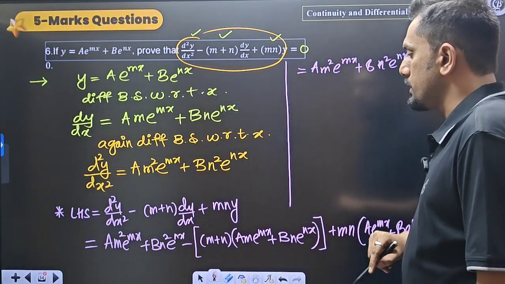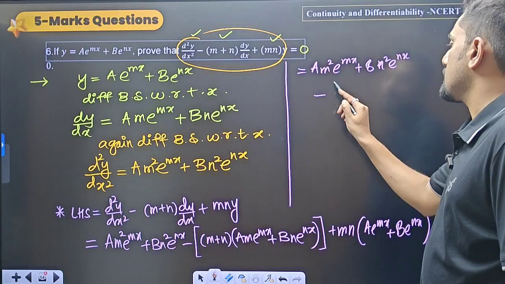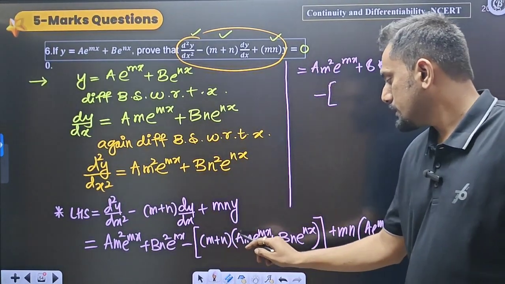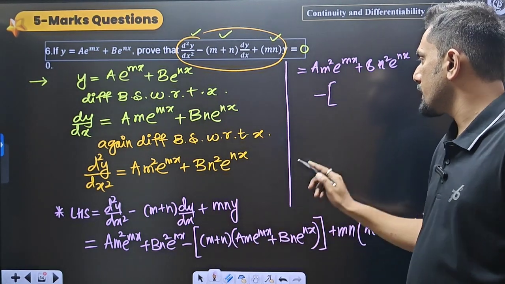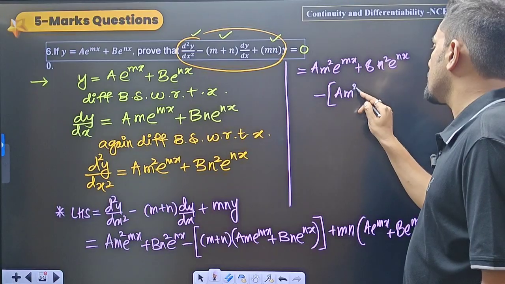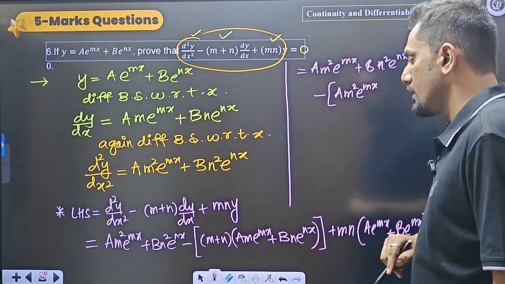Okay, then there is a minus here, so we must be careful. Minus, see, first I will multiply this expression by m. What is the term that we get? a m into m will be m square e raised to mx, right?